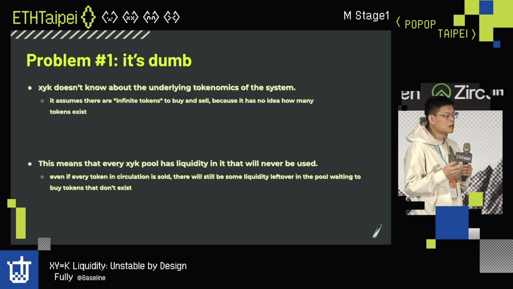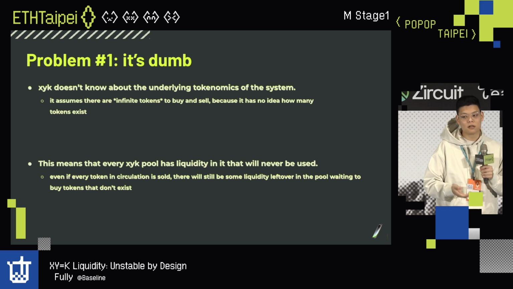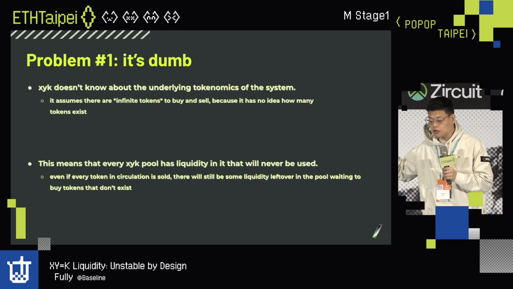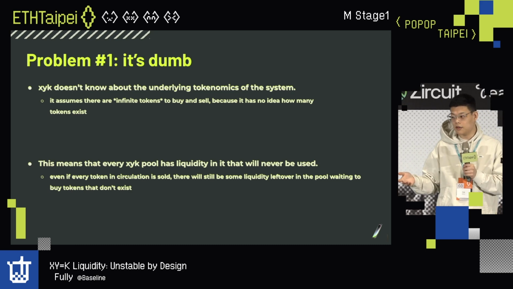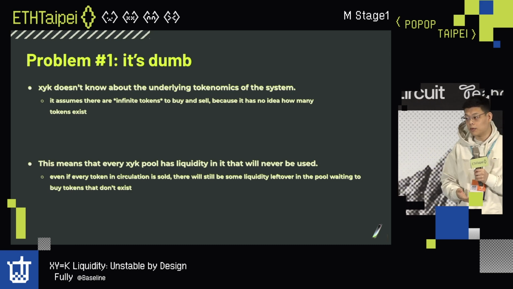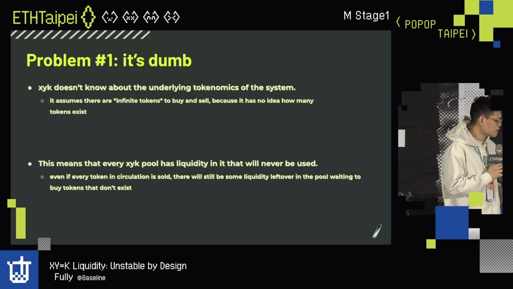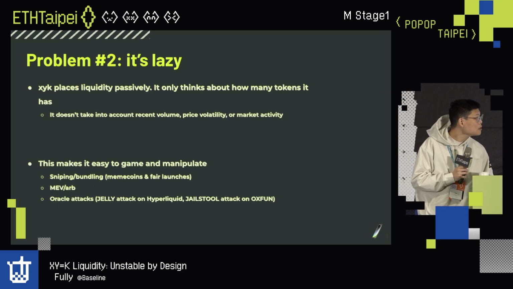On a small scale, maybe it's not a big deal, but over a large aggregate, in an industry where almost every coin has a V2 pool, it's a lot of money wasted because it doesn't know what's going on with the liquidity it's providing.